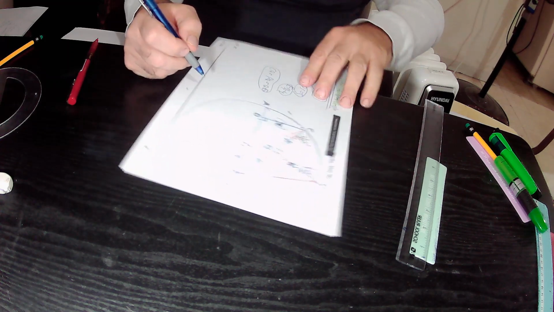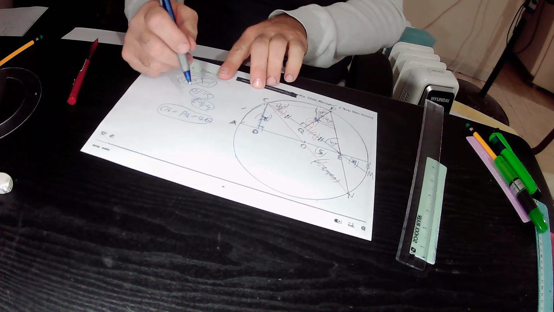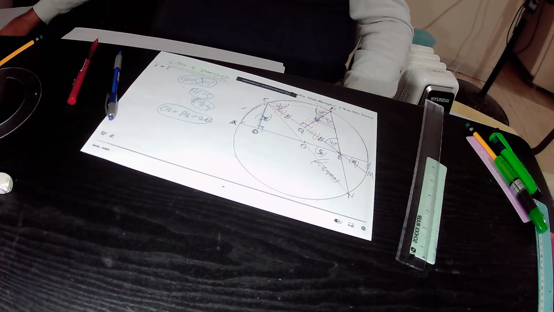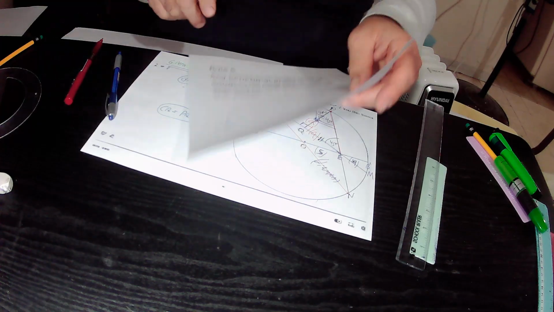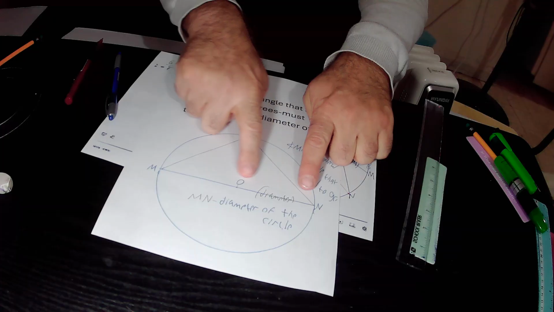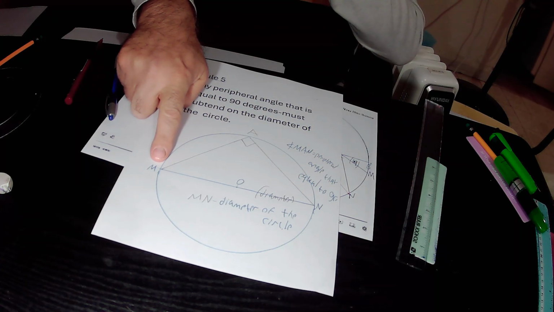Actually, rule 5 has two directions. The first direction says that if a peripheral angle equals 90 degrees in size, then it must subtend on the diameter of the circle.